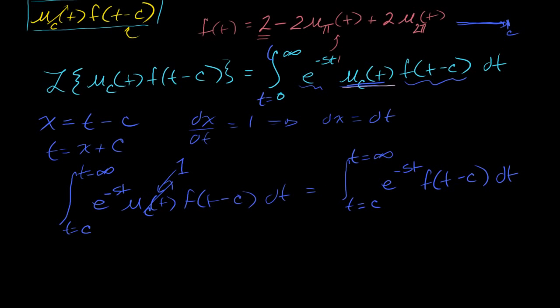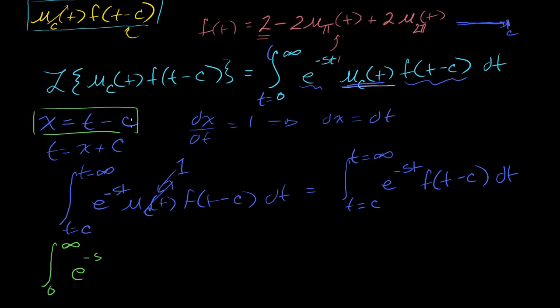So now that we had this, let's go back and make that substitution, that x is equal to t minus c. So our integral becomes, I'll do it in green, when t is equal to c, what is x? Then x is 0, right? c minus c is 0. When t is equal to infinity, what is x? Well, infinity minus any constant is still going to be infinity. Or the limit as t approaches infinity, x is still going to be infinity here. And it's the integral of e to the minus s, but now instead of a t, we have the substitution.